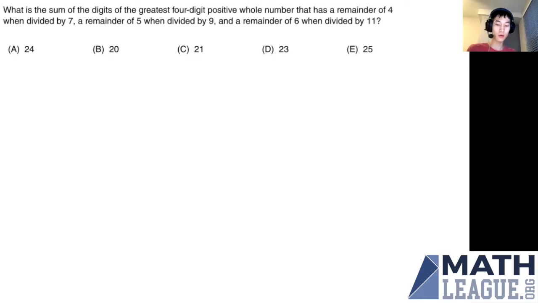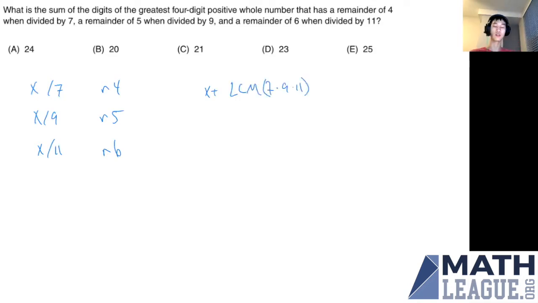Whenever you see this, you just think, there has to be some number. It doesn't even have to be the greatest four-digit number, but if you can find some number x such that x divided by 7 has remainder 4, x divided by 9 has remainder 5, and x divided by 11 has remainder 6, what you know is that x plus the least common multiple of 7 times 9 times 11 also has these remainders.